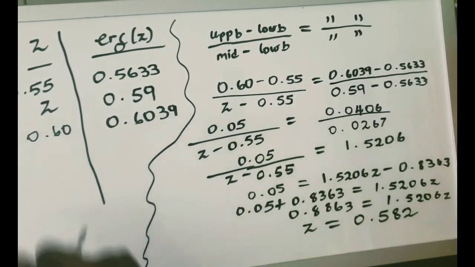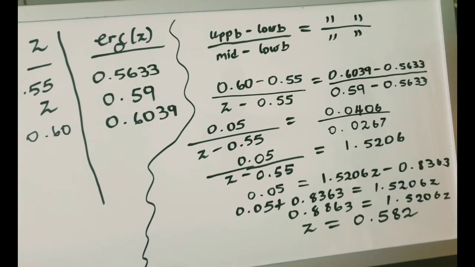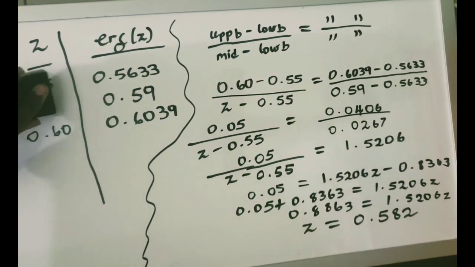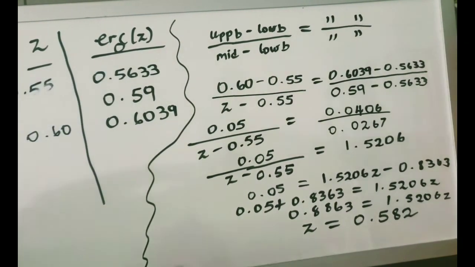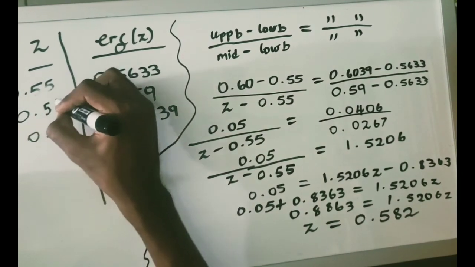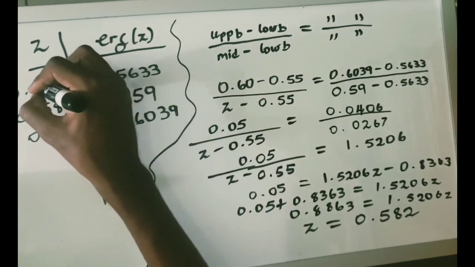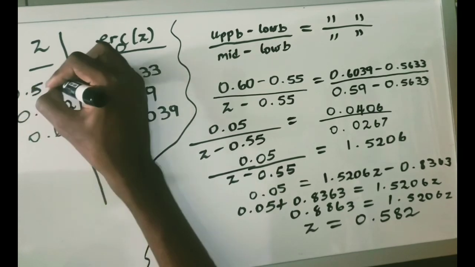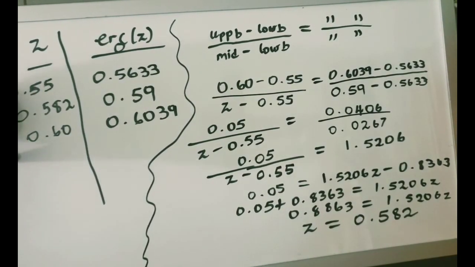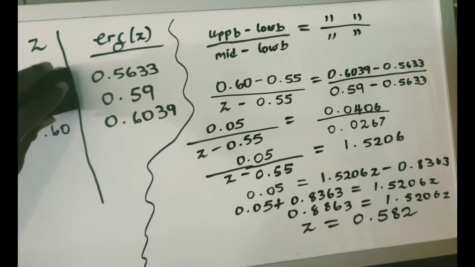So if we go back to our right side now, our z is equal to 0.582. And what you can do is, because these values were given in 2 decimal places, you can just round this off and keep it at 0.58.